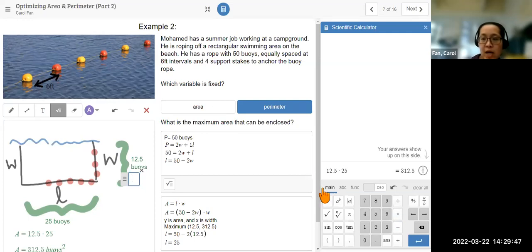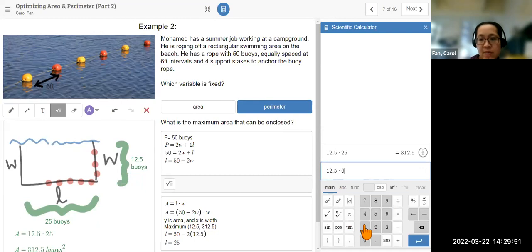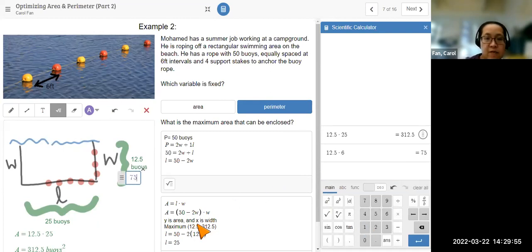So that means we're going to have 12.5 times 6, and this is 75 feet. Right, 25 times 6 over here is going to be equivalent to 150 feet.